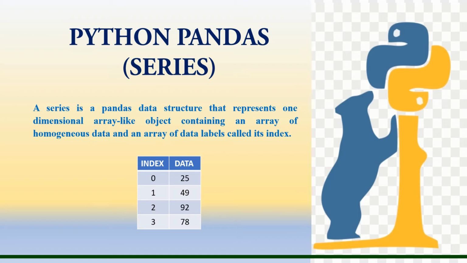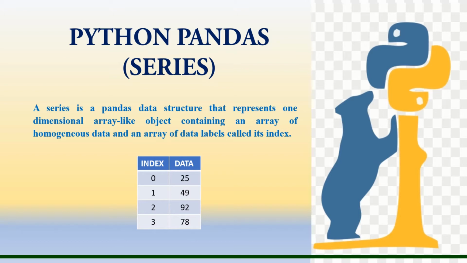Good morning. Today we are going to study Python Pandas Series, which is a topic for Informatics Practices for class 12th. A series is a pandas data structure that represents a one-dimensional array-like object containing an array of homogeneous data and an array of data labels called its index.